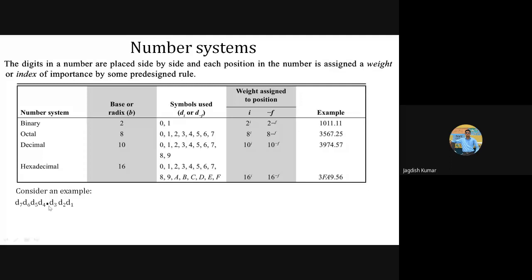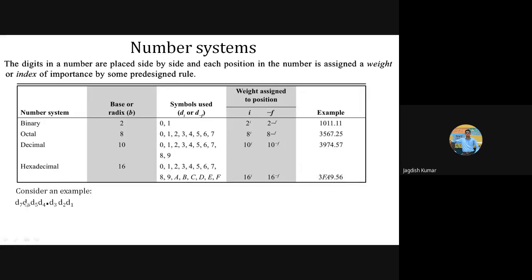Please note here carefully that I have not written it as D0, D1, D2, D3 or digits before the integer part, but you should assume the weight for this is whatever is the base raised to the power 0. For this digit D5, the weight is base raised to the power 1.